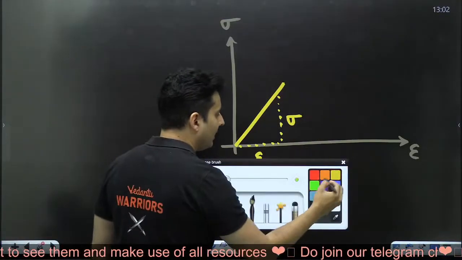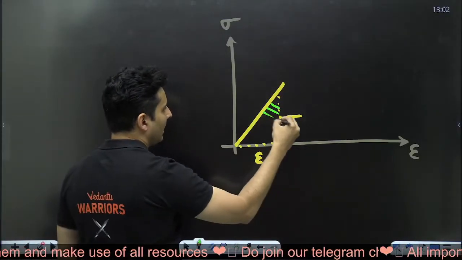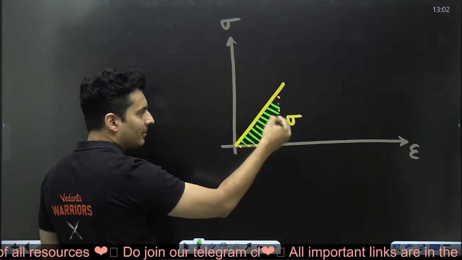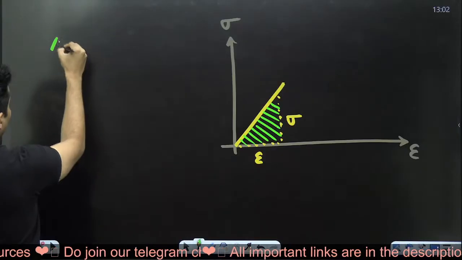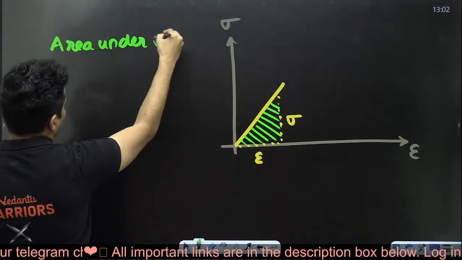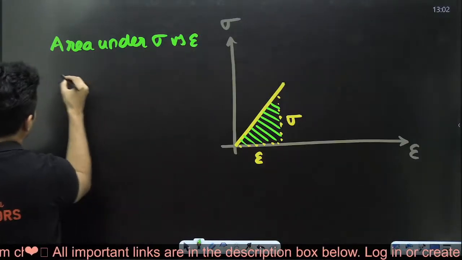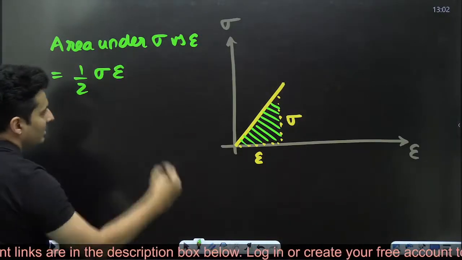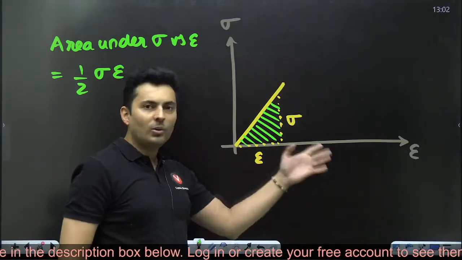So if I end up measuring the area under this particular graph, that area under the stress versus the strain graph in this case will be nothing but half stress into strain, half base into height, right?